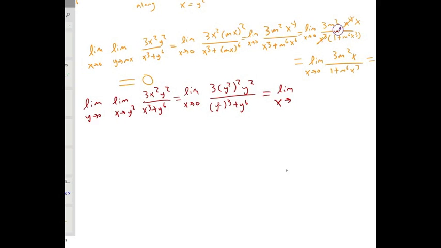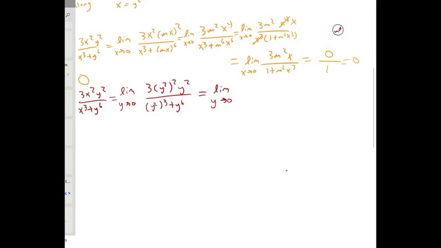Oh sorry, this should be the limit as y approaches 0. We don't have any x's. So we'll have 3y to the 6th on top, because y squared squared is y to the 4th, times y squared, y to the 6th. Y squared to the 3rd is y to the 6th, plus y to the 6th.